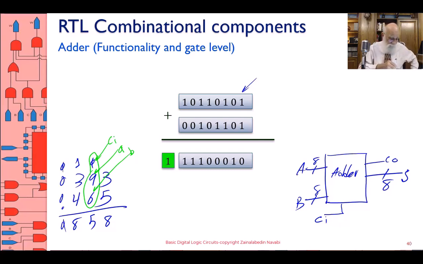A bit of A, a bit of B, and then that produces a bit of sum, but then it also produces a bit of carry out into the next bit. So let me show it like this. It creates a carry out into the next bit that will be considered as carry in.